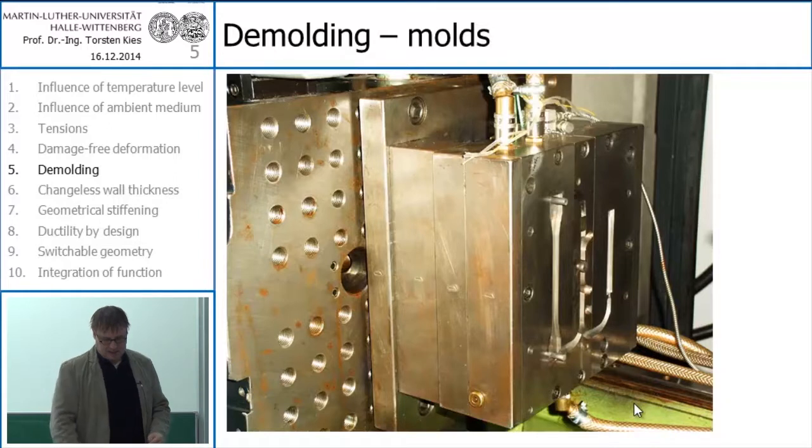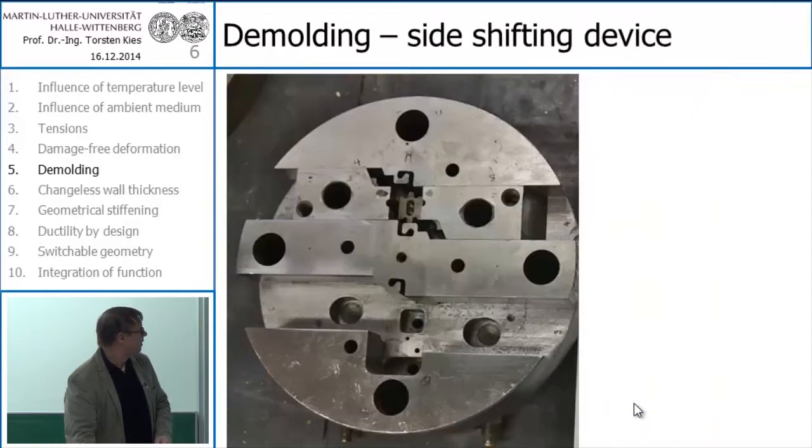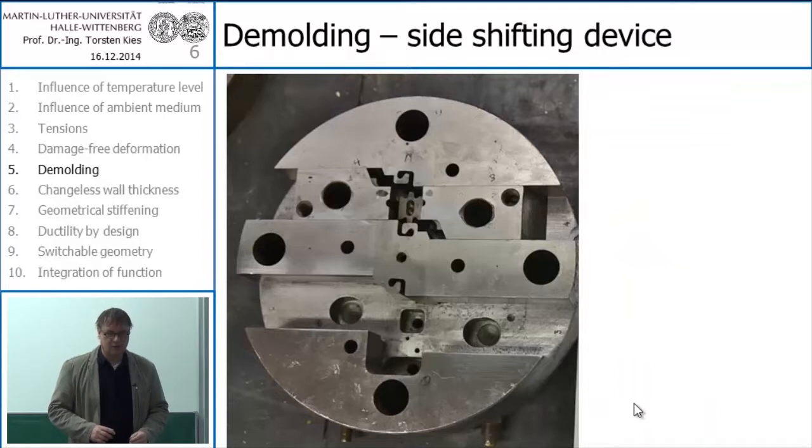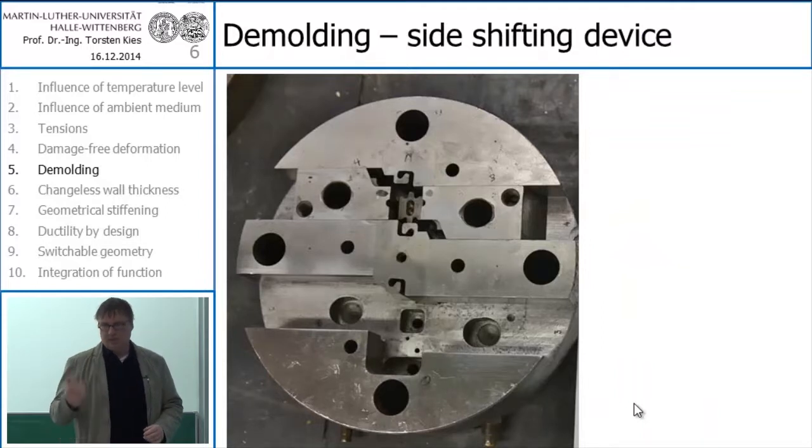Well, I told you something about injection molding molds. Here you see a slide which is a little bit more complicated, and I can tell you that's not the end. The complication can be much higher.